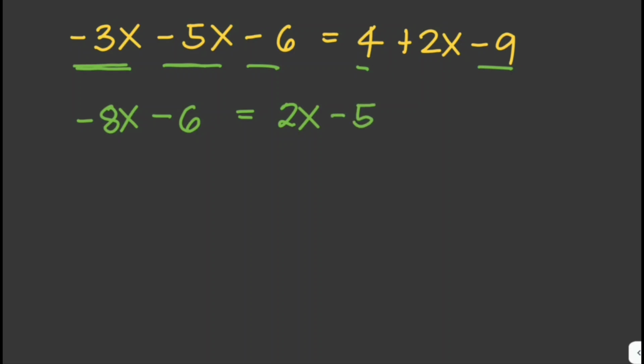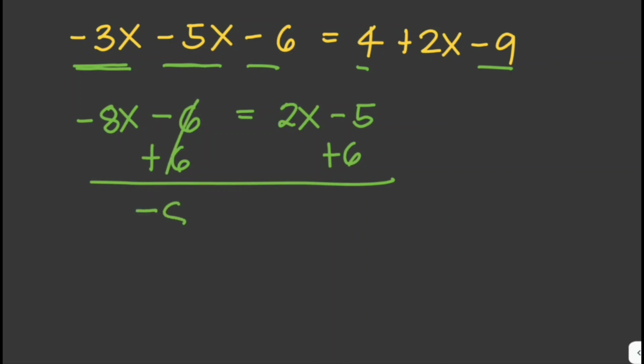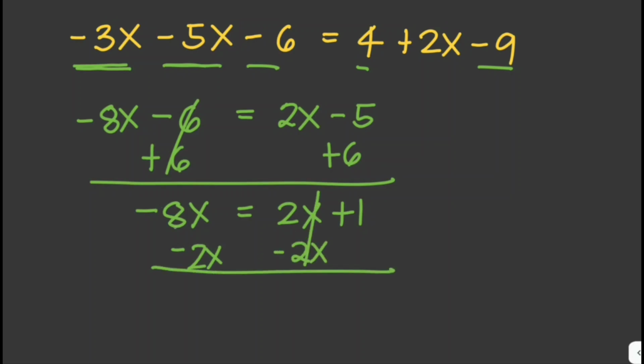So let's solve for x here. We add 6 to both sides. This cancels out. So we're left with -8x equals 2x. -5 plus 6 is just plus 1. And then we subtract 2x from both sides. This cancels out. -8x minus 2x is -10x equals 1.